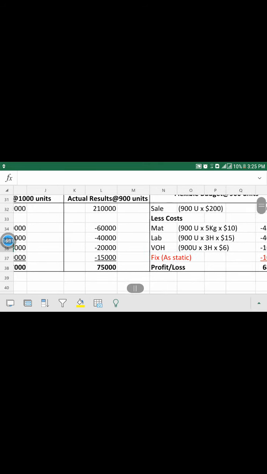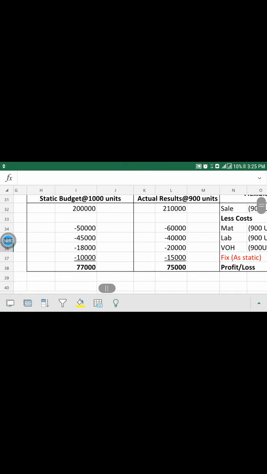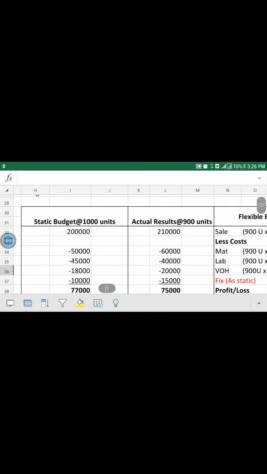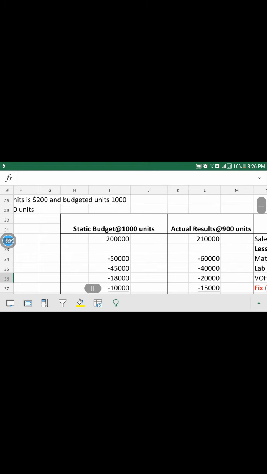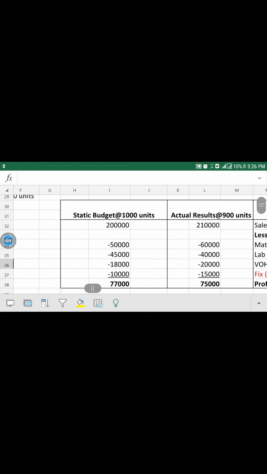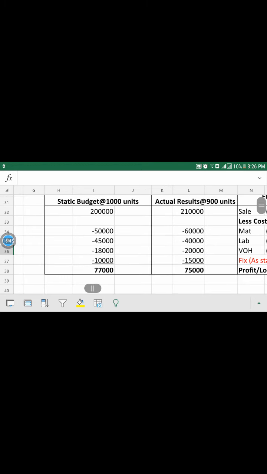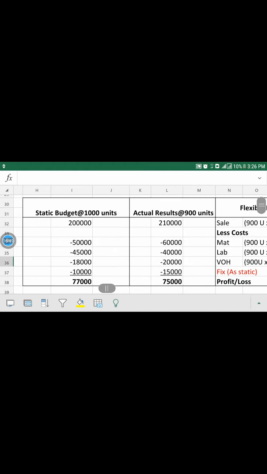Here we are saying that the flexible variance means the difference between the flexible budget and the actual result. So the flexible budget and actual results show how much you are going to spend.